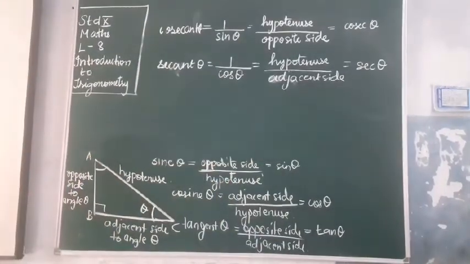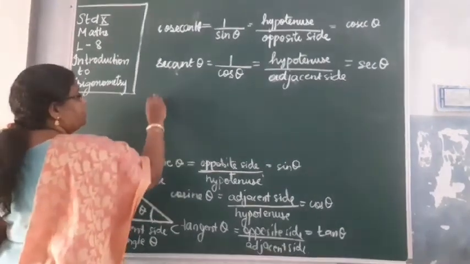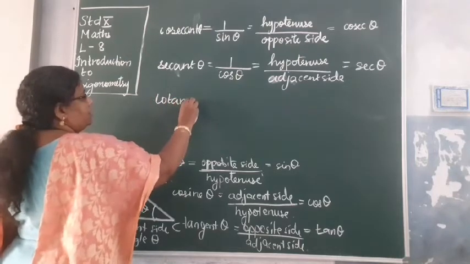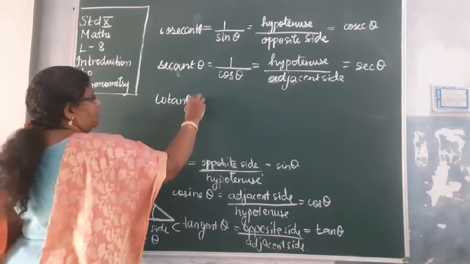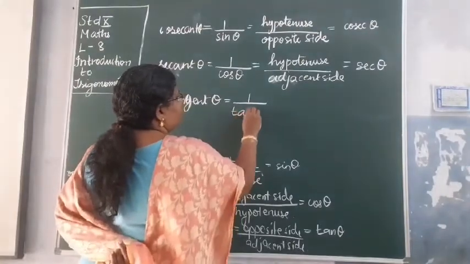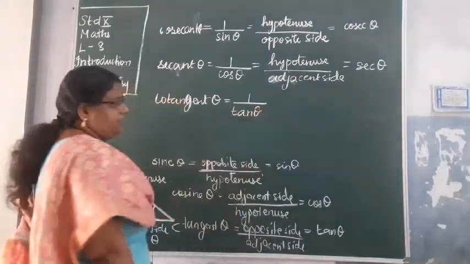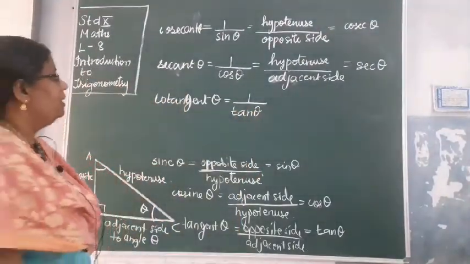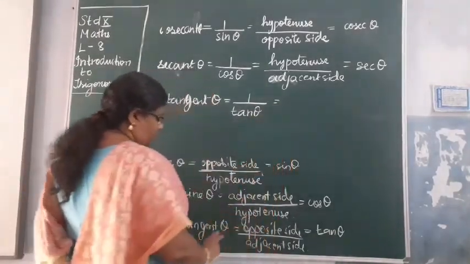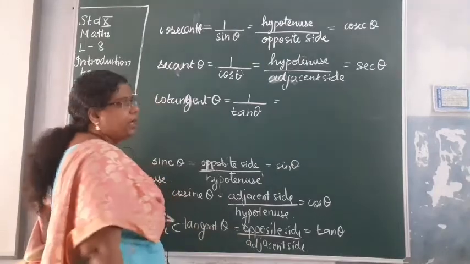Okay, then we have the next trigonometric ratio, which is cotangent of theta or cotangent theta, which is the inverse of tan theta or tangent theta. Now what was tan theta? Tan theta was equal to opposite side upon adjacent side.